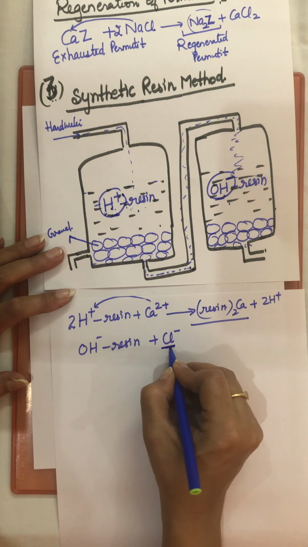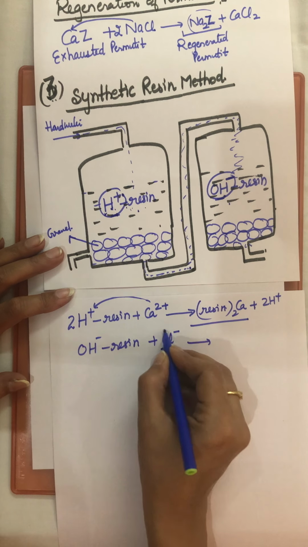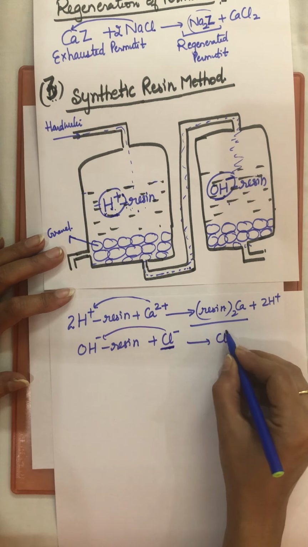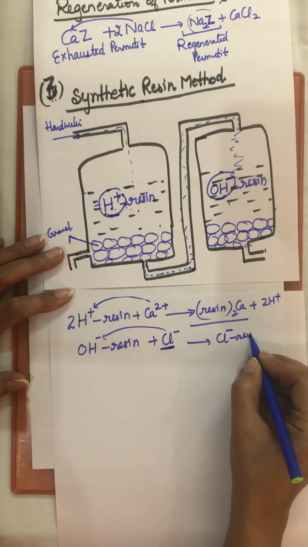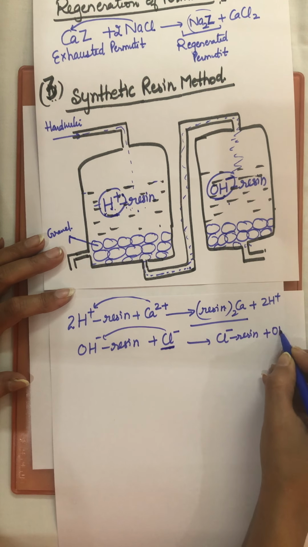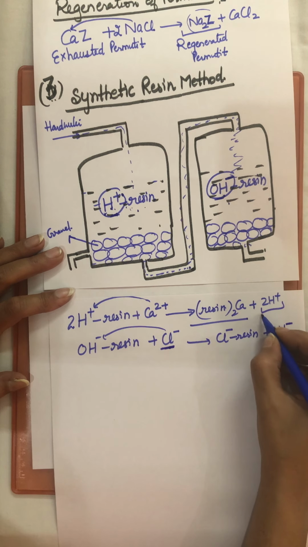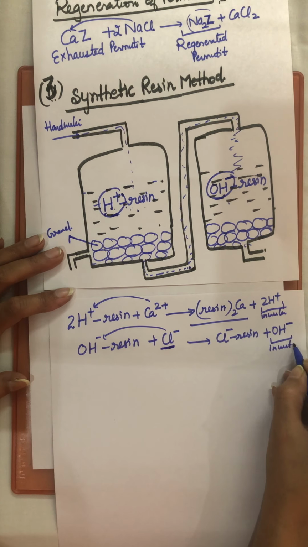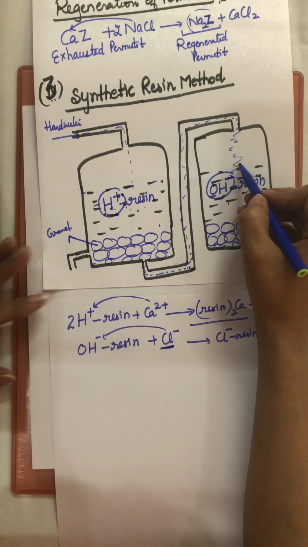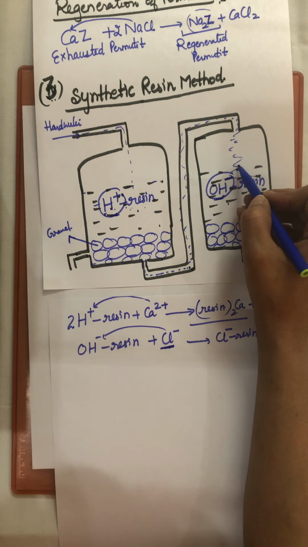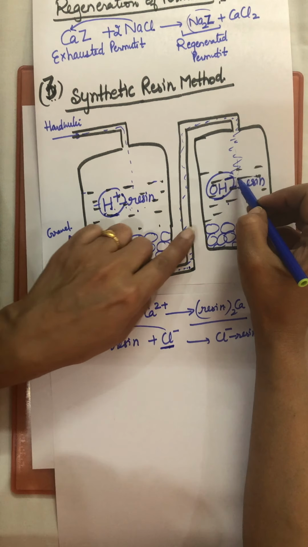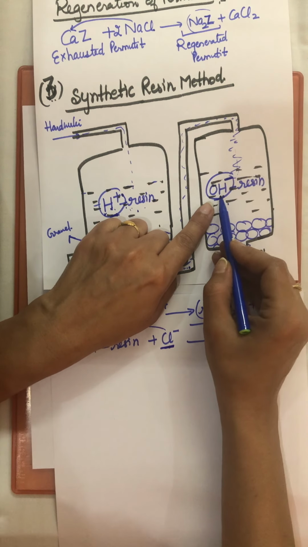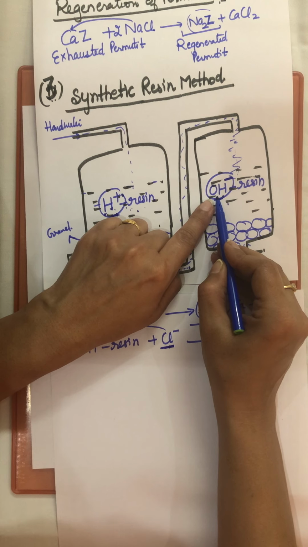I am taking the example of the chloride anion. This will come here, so this becomes Cl minus resin, and OH minus will come into the water. This one will be in water. So when the water, which has no cations except for H plus, comes here, all anions will get exchanged with OH minus.